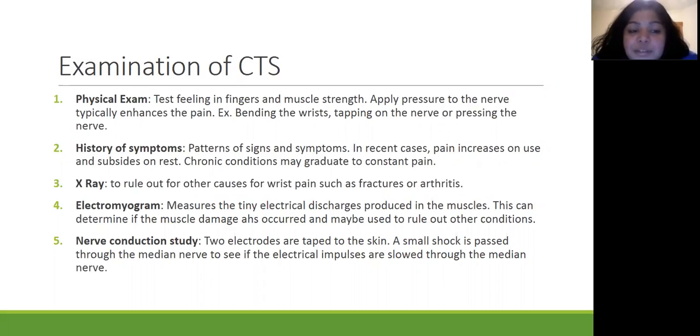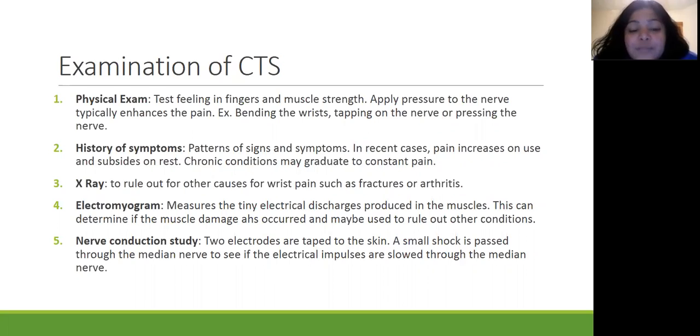They may also indicate to do an X-ray to rule out other causes for wrist pain, such as fractures or arthritis. There may be an electromyogram, which is basically they test to see the electrical discharges or the tiny little signals that are produced in muscles to see if the muscle conduction is still there.